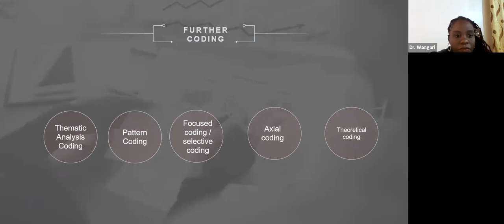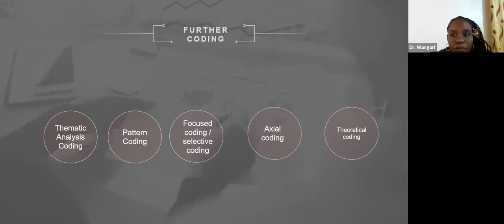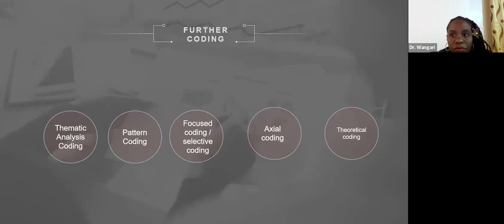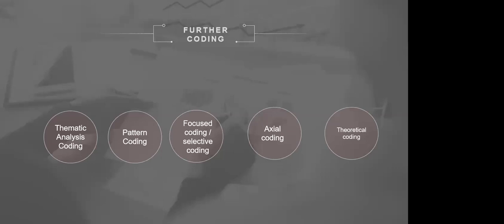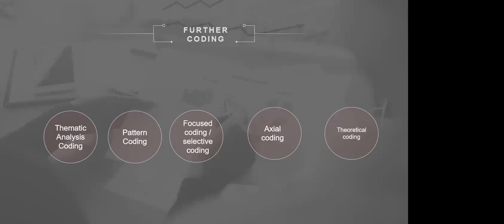What happens when you're coding is you have your research question, as I explained, and your theme comes from the research question. So when you're carrying out the data analysis, you might discover new things that you did not know, and if these new things contribute to your research question, now you can add them. So that might be the part where you do your inductive coding.